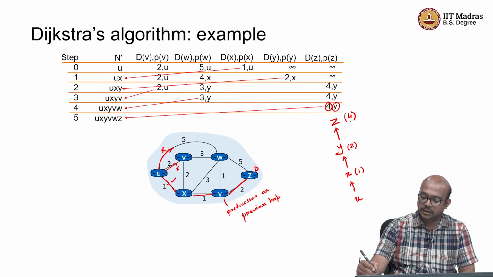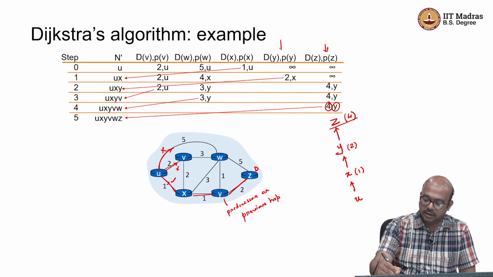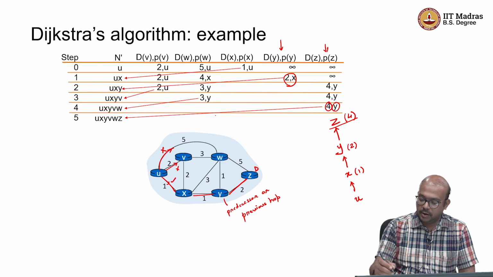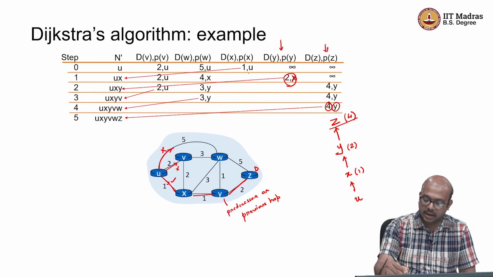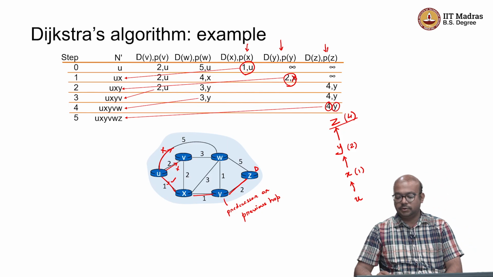How are you getting this? For z you are getting it from this one, right. For y you are getting it from here. For y you have to come from x, so x details are here, and here you directly go to your source node, u is your source node.